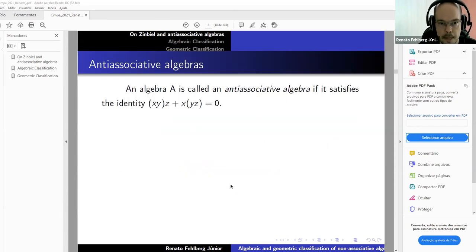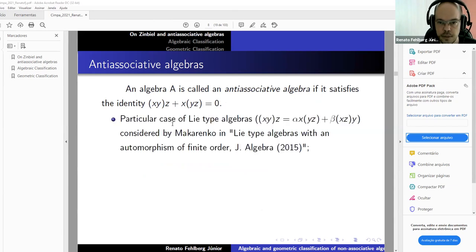So let me say something about antiassociative algebras. An antiassociative algebra is an algebra that satisfies this identity. These algebras are a particular case of Lie-type algebras that are defined by this kind of identity. And these algebras were considered in this paper.